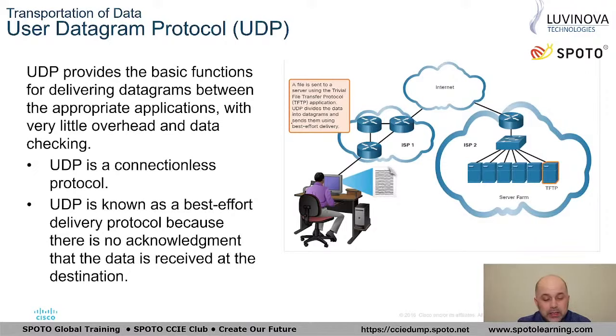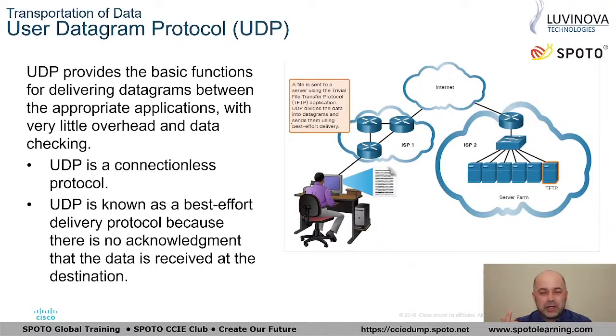So UDP is called a connectionless protocol. TCP is called connection oriented. UDP is known as best effort. Why? Because it's a very fast protocol. Very fast. Why? Because there is no acknowledgement process.